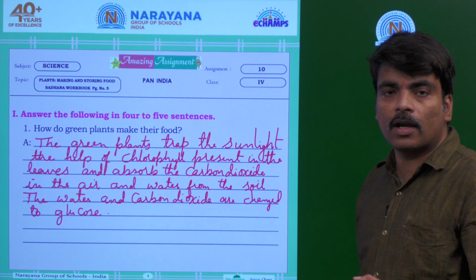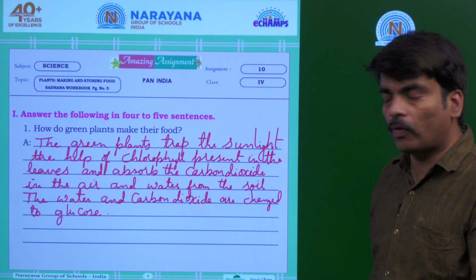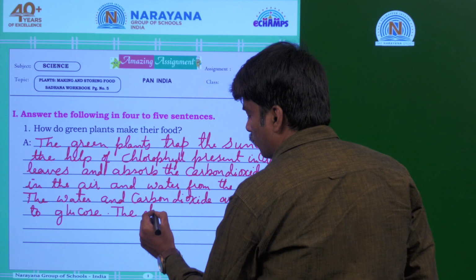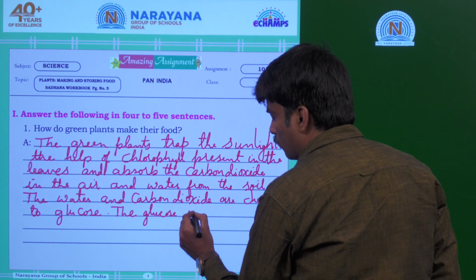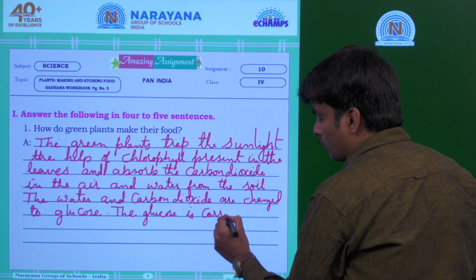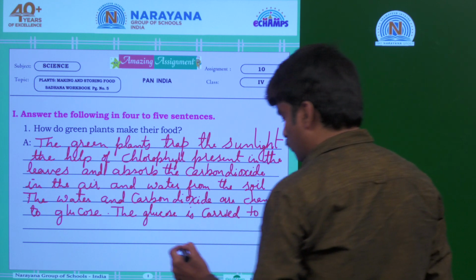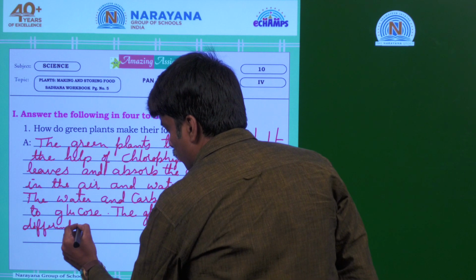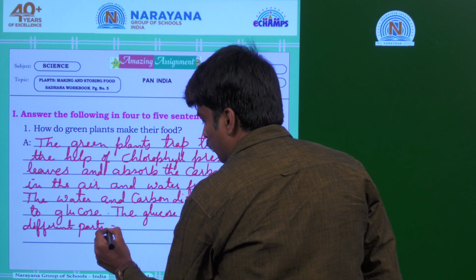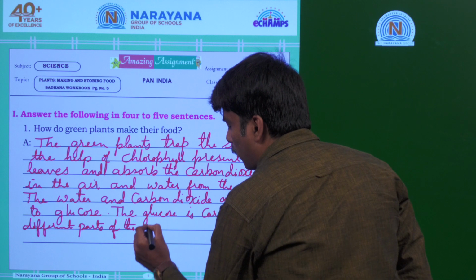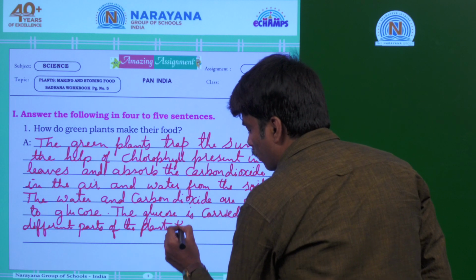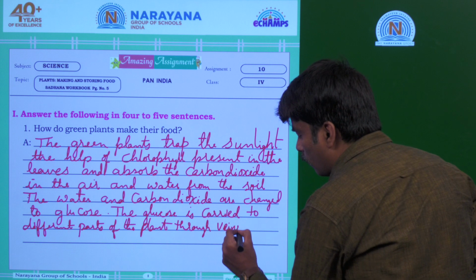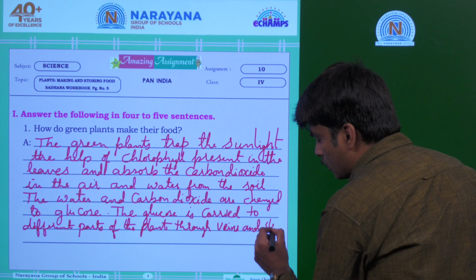This glucose is carried to the different parts of the plant through veins and stem.